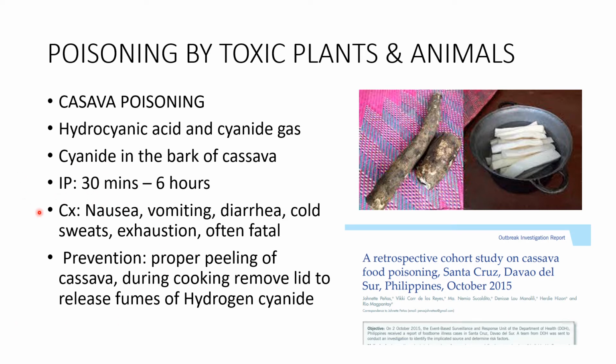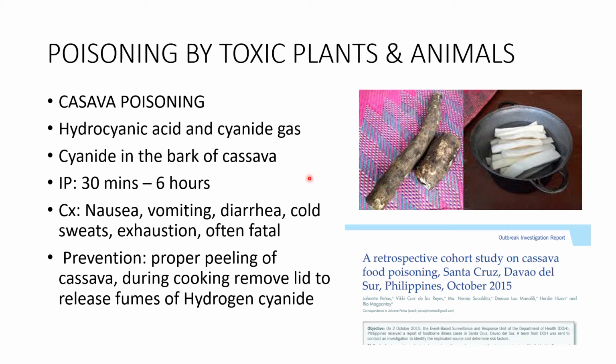The incubation period is 30 minutes to 6 hours. You may experience nausea, vomiting, diarrhea, cold sweats, exhaustion, and cases are often fatal. How do you prevent this? Since the toxin is found in the bark, you must properly peel your cassava. And when boiling the cassava, please remove the lid to release the fumes of hydrogen cyanide and do not inhale.